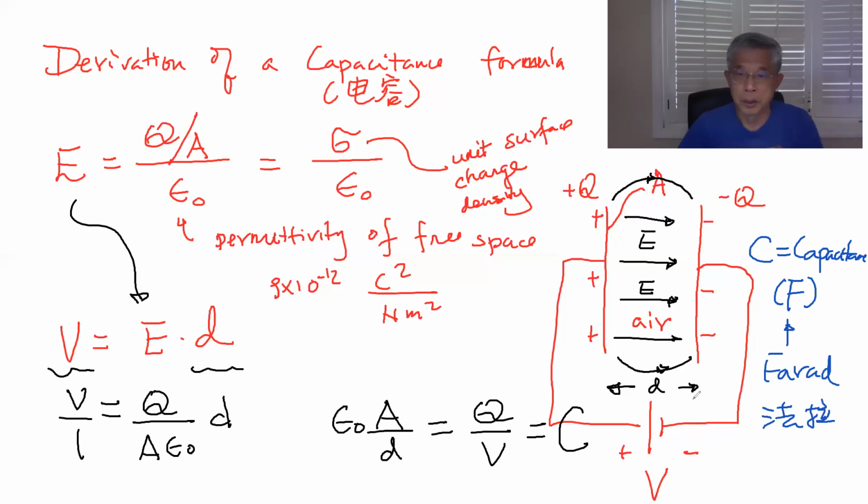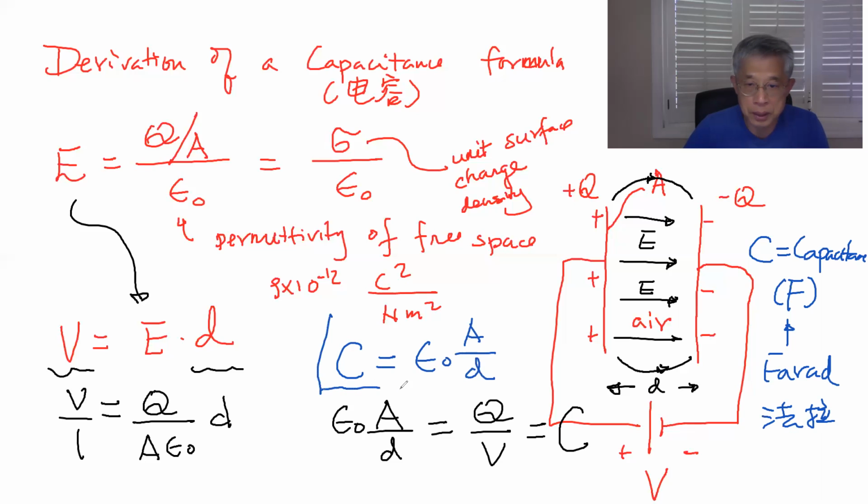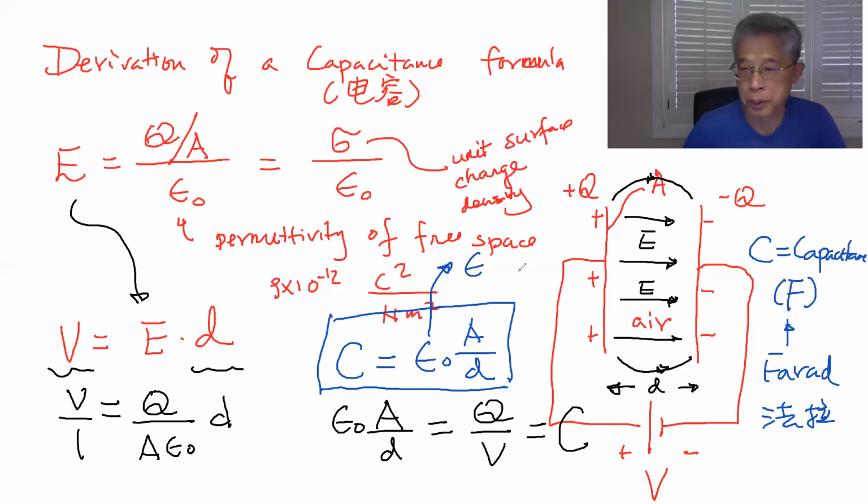All right. So what we have just done is basically C is equal to epsilon 0 A divided by D. So this is the formula for a capacitance. And you can see it's depending on this epsilon 0 here. So if we put different material in between the parallel plates, this is not going to be epsilon 0 anymore. It's going to become epsilon, and that would change.